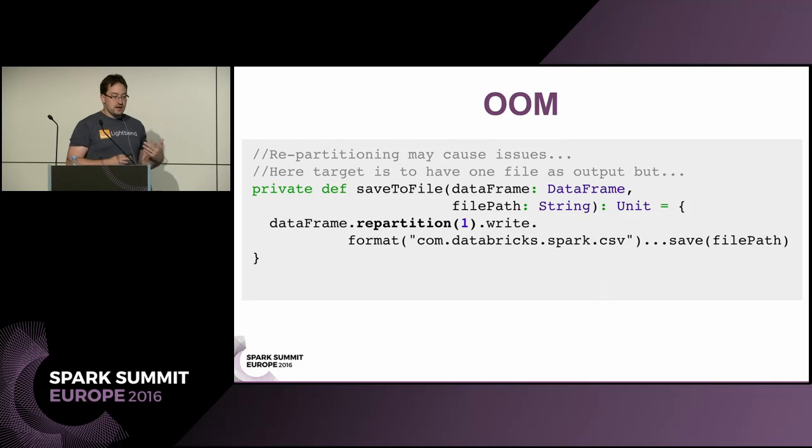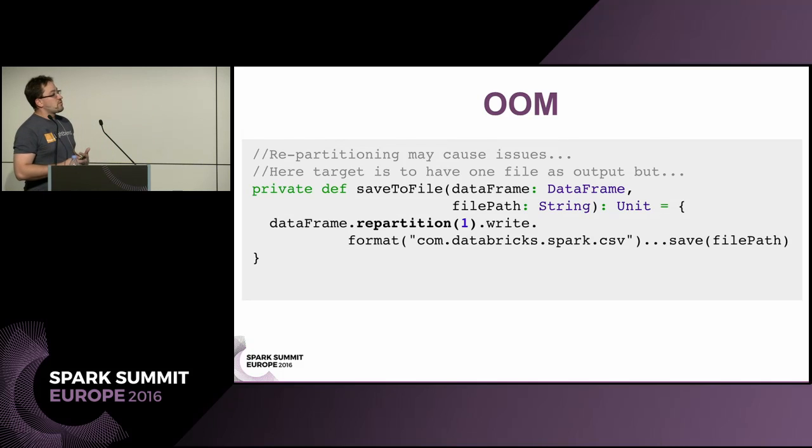So as far as a specific case, after we've gone over some generalities there, we had a customer who came to us and said they're running out of memory. They basically said, okay, I built this data frame, and then they're going to save it to a file, and they want it to be one file. So they did a repartition down to 1, and out of memory.